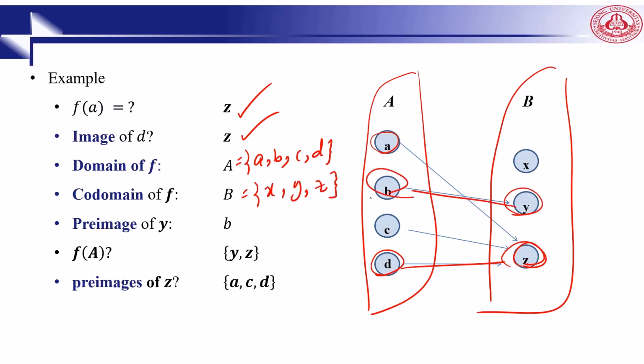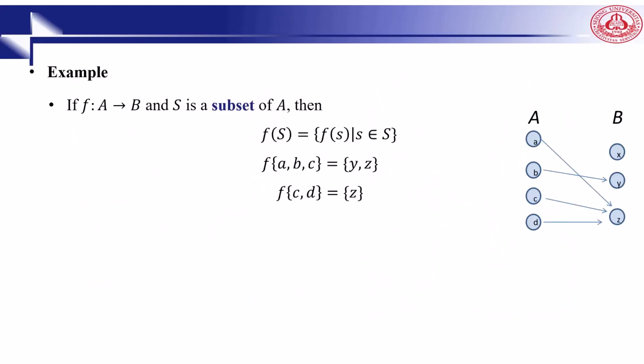B. The pre-image of Y is B. What is the range f(A)? Y and Z, because we have only 2 possible; X is not assigned. And what is the pre-image of Z? The pre-image of Z is A, C, and D.